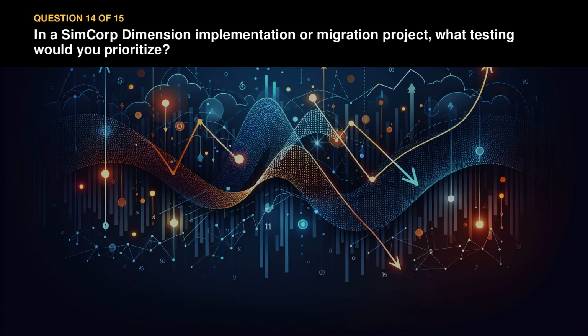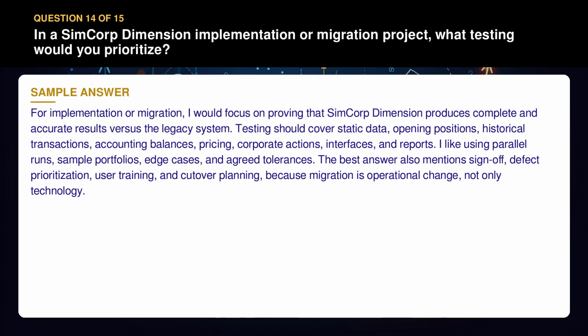Question 14. In a SimCorp Dimension implementation or migration project, what testing would you prioritize? For implementation or migration, I would focus on proving that SimCorp Dimension produces complete and accurate results versus the legacy system. Testing should cover static data, opening positions, historical transactions, accounting balances, pricing, corporate actions, interfaces, and reports.